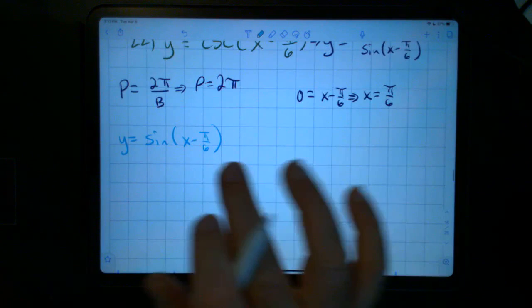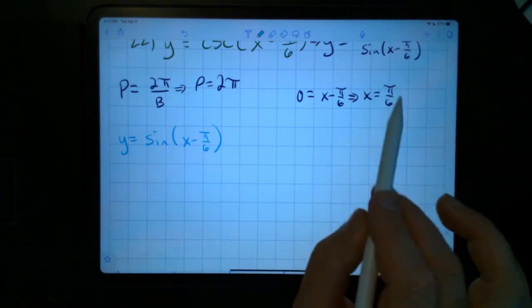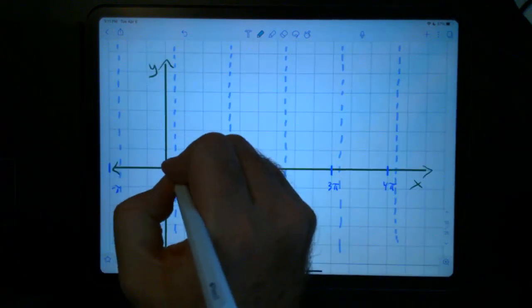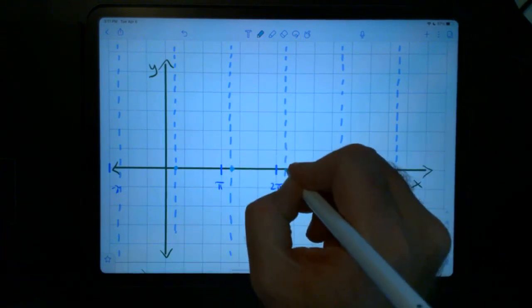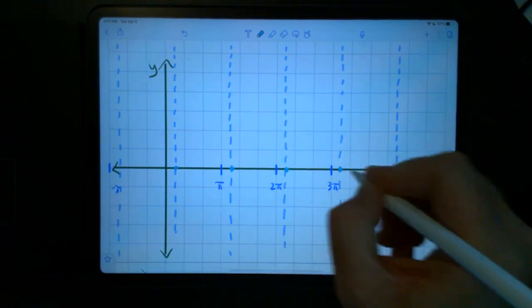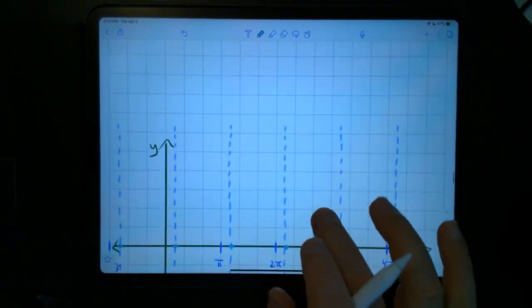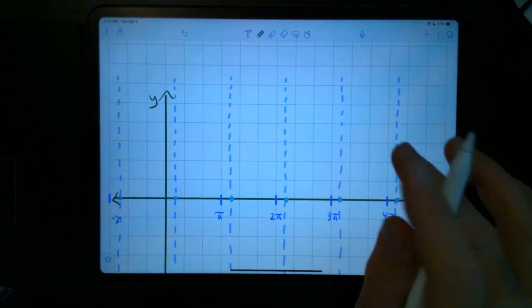Now these zeros are going to be the same as your asymptotes. So we're going to have a 0 here, here, and you can plug these in to make sure. That's where the graph crosses the horizontal axis.